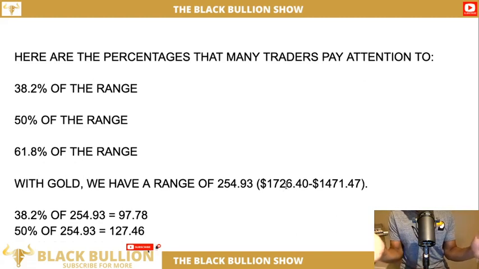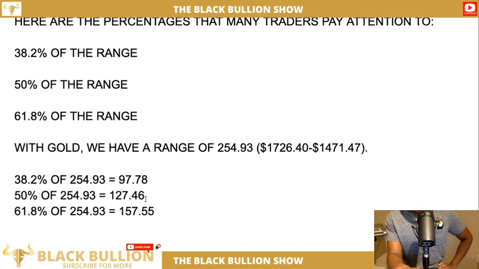So we chose a range between a date in March and a date in April. So that is our range, and this is the actual numerical range when you subtract the prices. So 38.2% of 254.93 is 97.78, and so on and so forth.